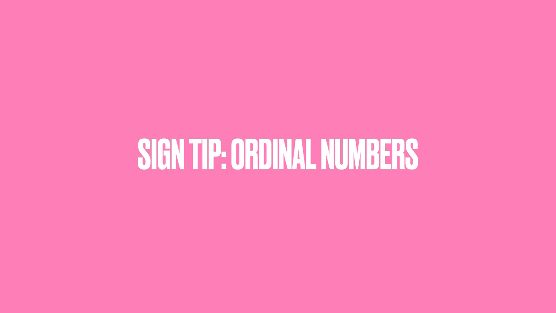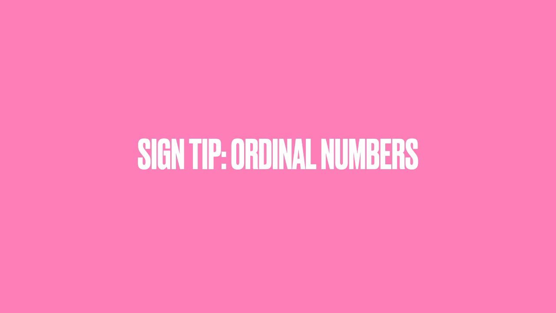Well, with ordinal numbers, which would be used in this case for talking about levels of a building, different floors of a building, the way that we would do that is we're signing that number, but then the palm twists. We twist our palm and that's how we sign 1, 2, 3, 4, 5, 6, 7, 8, and 9.